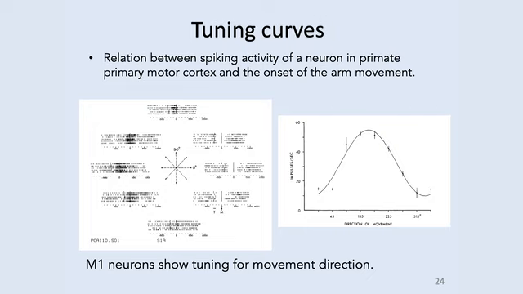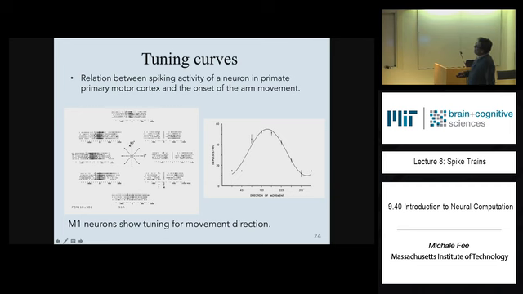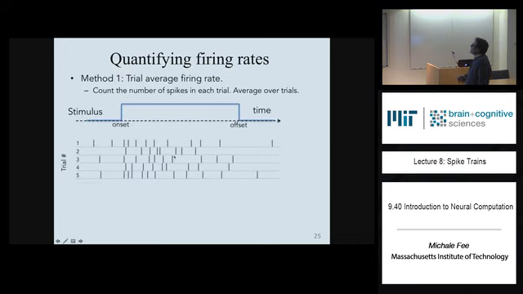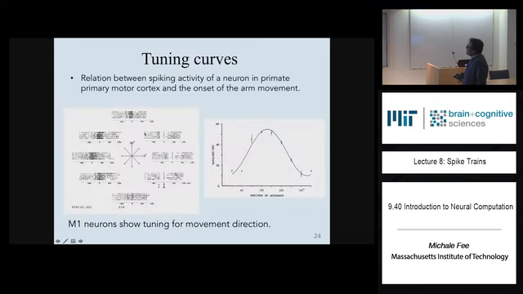So in order to do this kind of quantification, we need to understand a few different methods for how we can actually quantify firing rates. The simplest thing that I just described is to just count the number of spikes in some particular interval that you decide is relevant for your experiment.